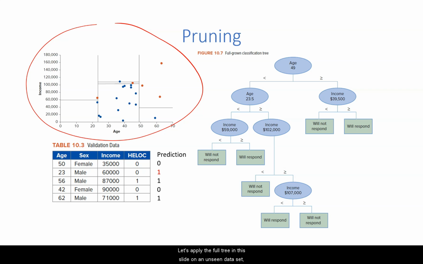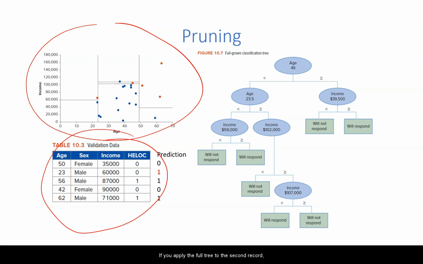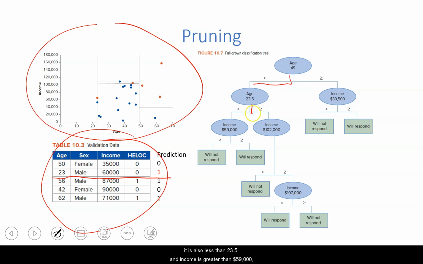Now let's apply the full tree in this slide to an unseen dataset, the validation dataset. If you apply the full tree to the second record, where the customer is a 23-year-old male with an income of $60,000, the customer's age is less than 49. It is also less than 23.5, and the income is greater than $59,000.